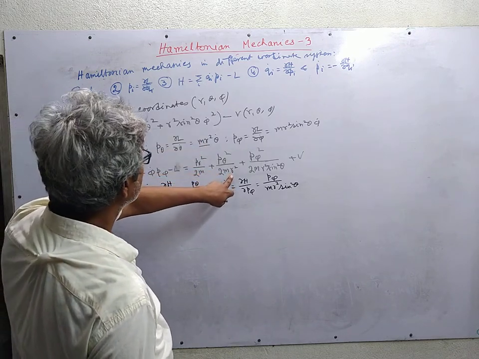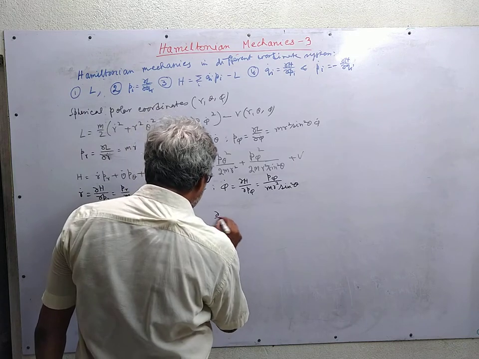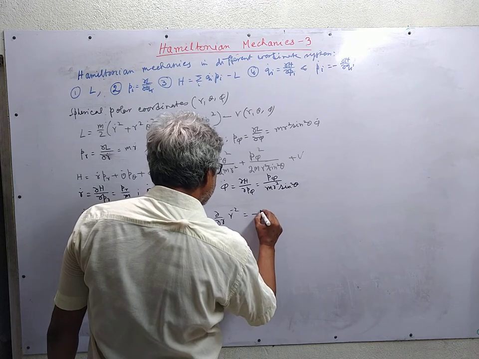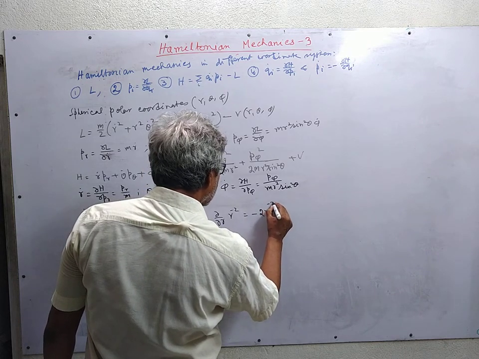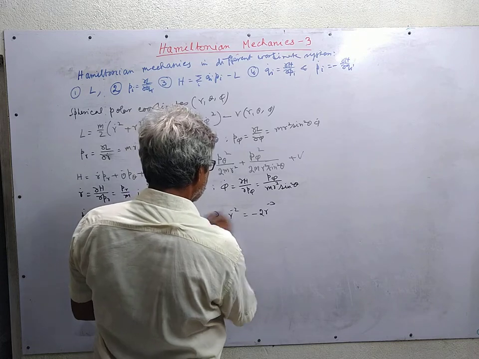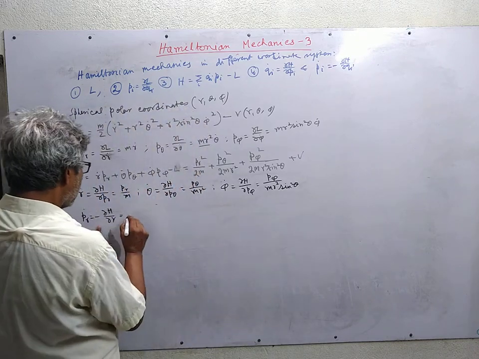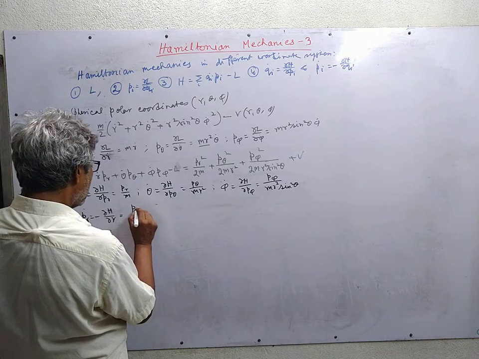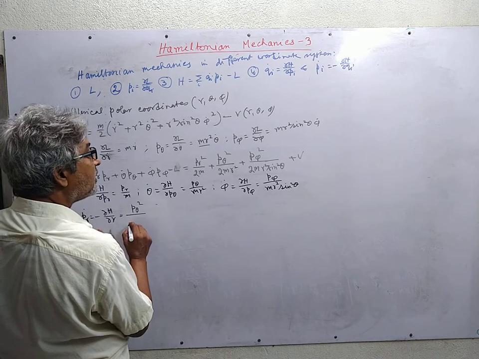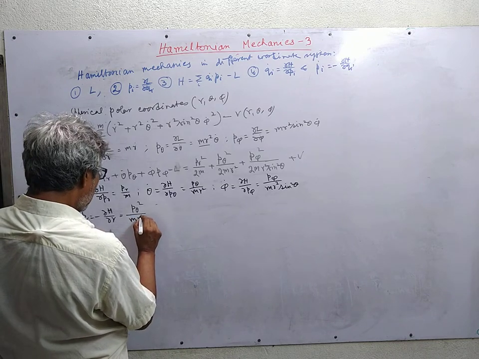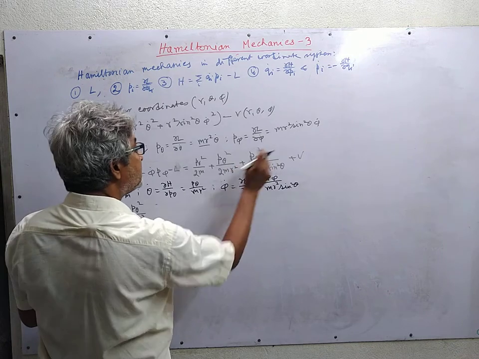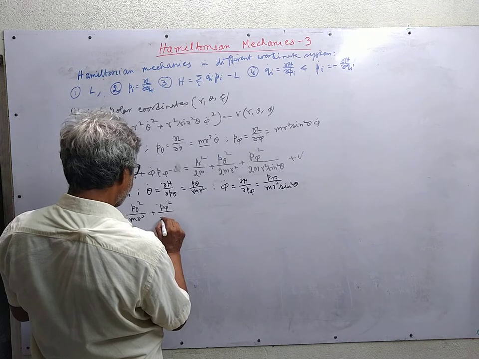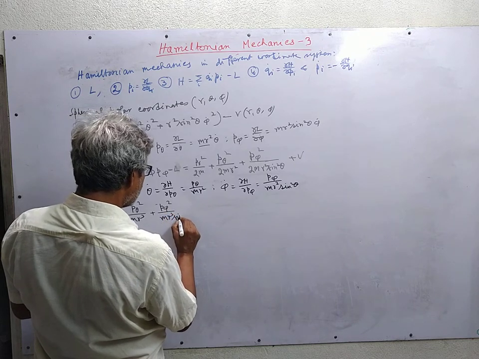So 1 by R square, when we make del R of R square, this is minus 2 R to the power Q. So this term becomes, from this term the contribution is p theta square by mr cube. From this term we have p phi square by mr cube sine square theta minus del V del r.